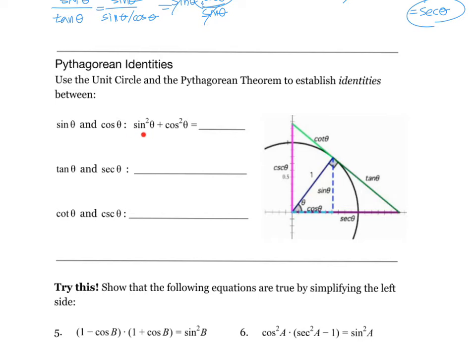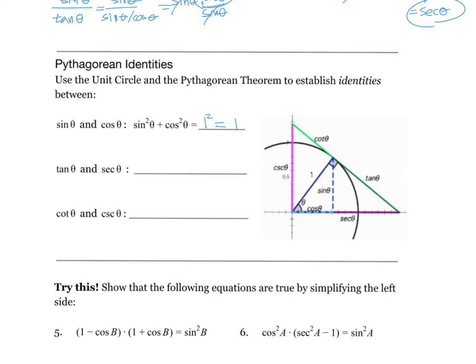We've got the vertical leg here, the sine of theta. We're squaring it here. We have the horizontal leg here, squaring it there. If we add those together, we should get something that's equal to 1 squared. 1 squared is just 1. Make this just a scooch larger.